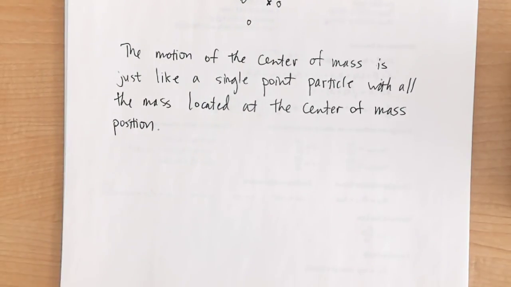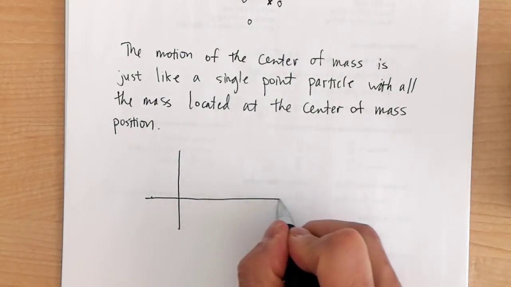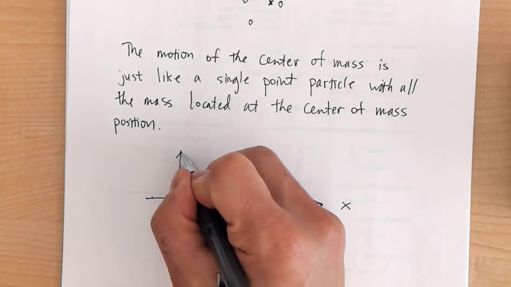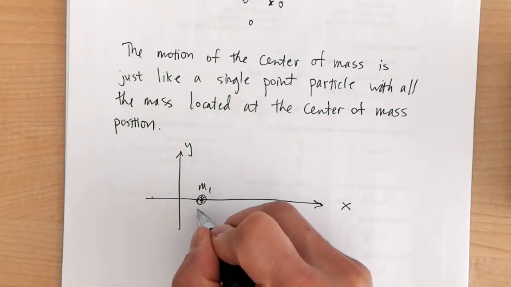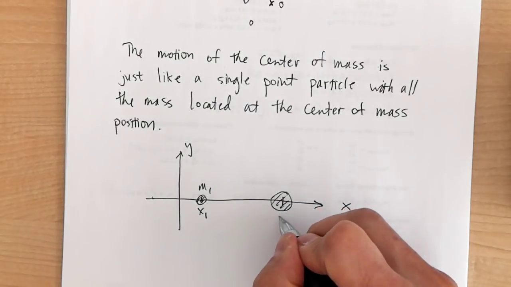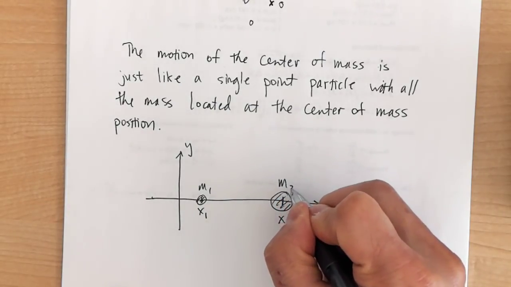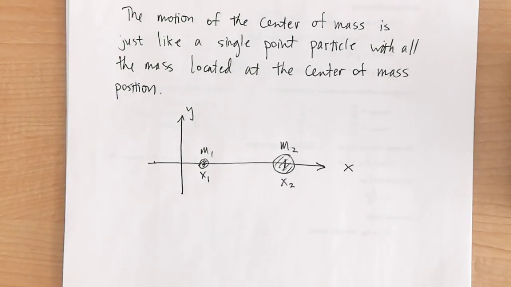Okay? So let me give you an example. Let's say we have two masses on the x-axis. Say one mass here, M1 at position x1, another one here at a position x2 with mass M2. And then let's say we get the center of mass of these two objects put together.